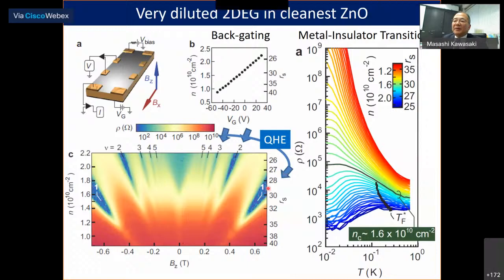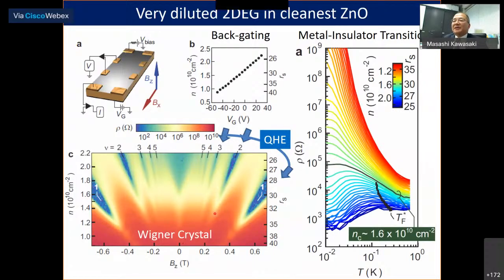You see, the quantum limit is approached by applying only 0.6 Tesla, a very dilute system. And these are conventional integer quantum Hall effects. This is nothing surprising. This is rather surprising. You have a totally insulating state below 1.6 times 10 to the 10.